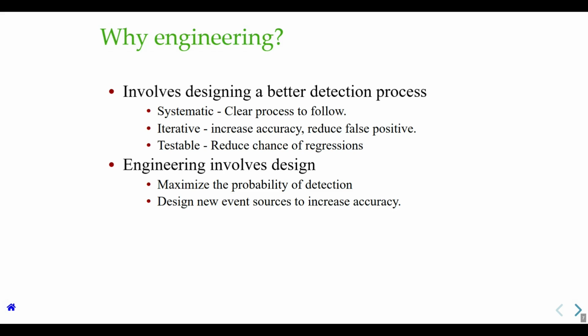detections over time. So instead of just writing random queries and trying to detect random attacks, it's about being systemic and creating a process to follow as we go through, being iterative so that each time we go through the process, we are getting better, having less false positives, and finally having a resilient process that we can test and make sure that we don't suddenly break our ability to detect without realizing.